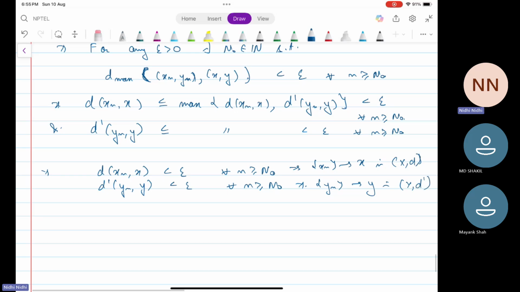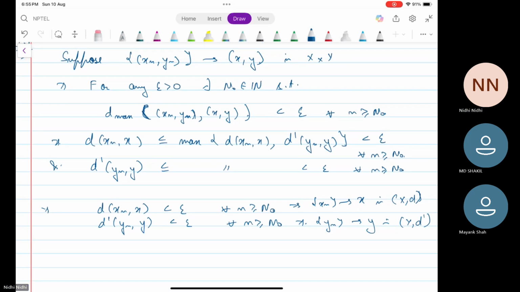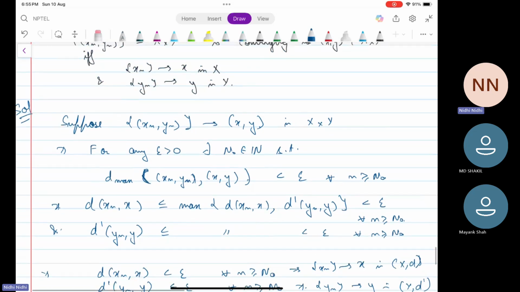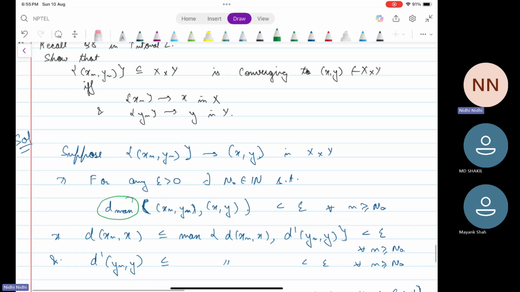Further, since we have seen that in equivalent metrics the convergence is the same, using that strong equivalence condition, you can see that, anyway, that's not needed. All I want to say is that instead of this d max, you can consider the other two metrics that we had seen earlier, which are strongly equivalent to d max.